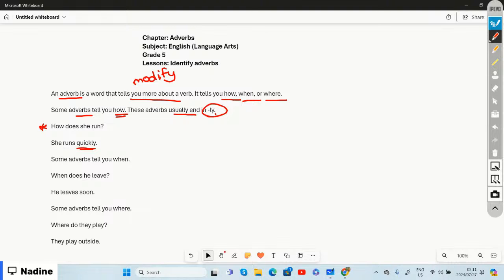And then some of our adverbs we see that tell us when. And some of the adverbs that tell us when, it's like asking the question, when does he leave? So when does he leave?